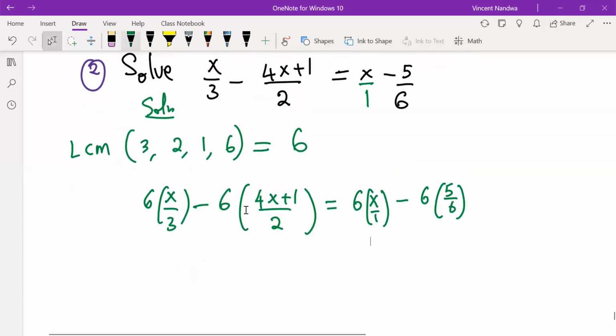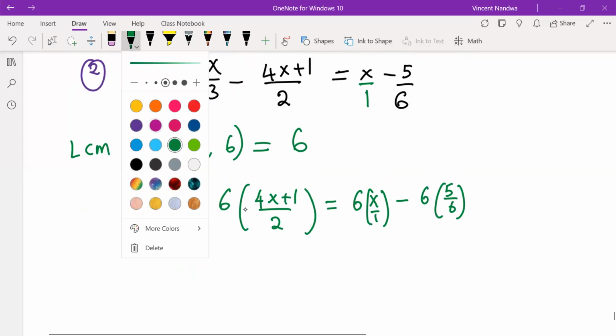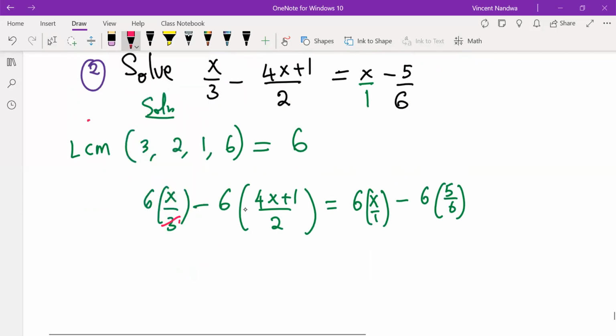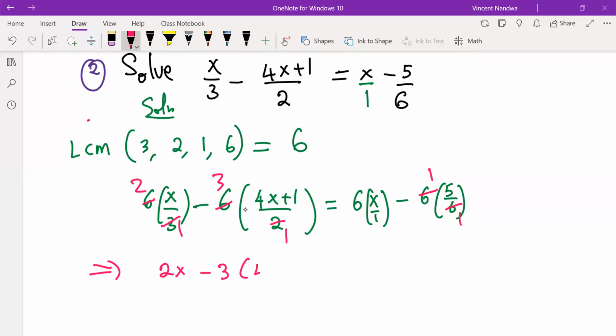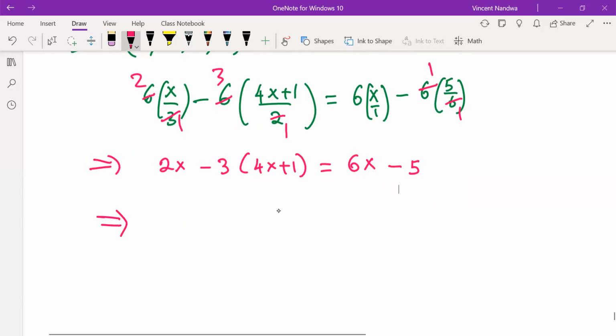So we'll have, as 6 and 3, 6 and 6 cancel out, 2x minus 3 into 4x plus 1 equals 6x minus 5, which implies we open the bracket, so minus times plus is minus 12x minus 3.